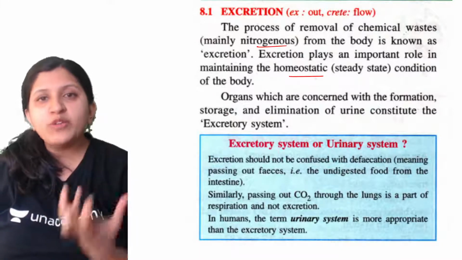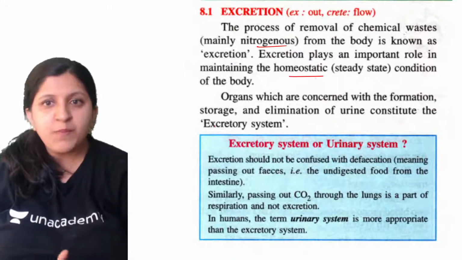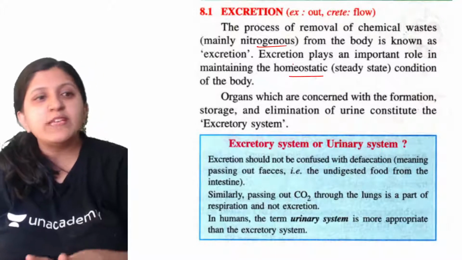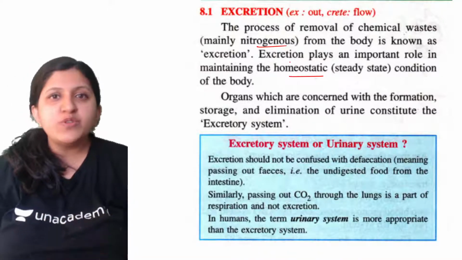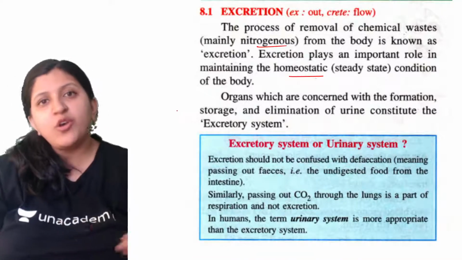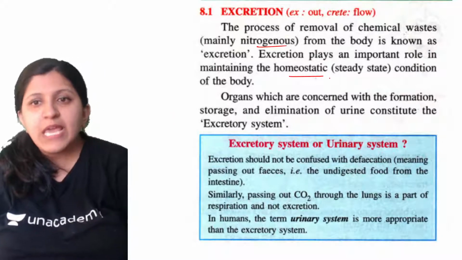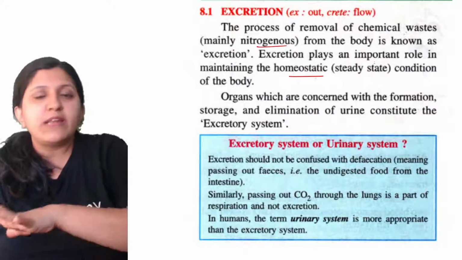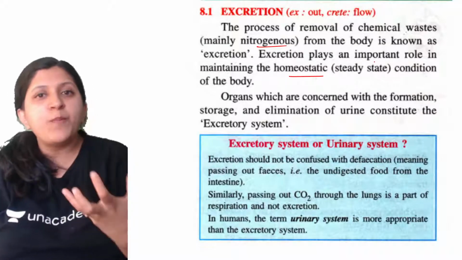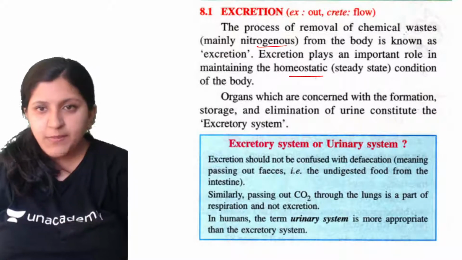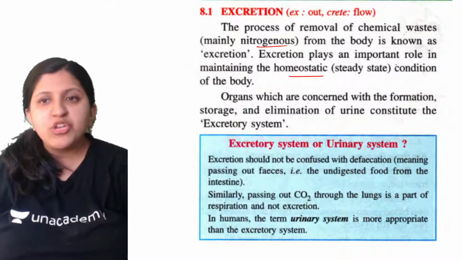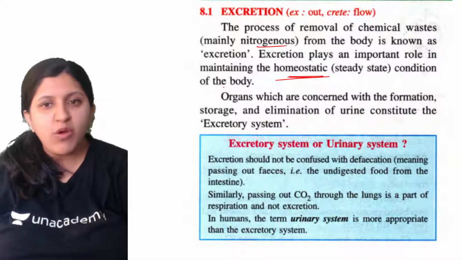We don't want to store any toxic compounds in our body. All the tissues need to get rid of these toxic compounds. So it is the steady state, where the composition has to be the same throughout our body. Excretion plays an important role in maintaining this.